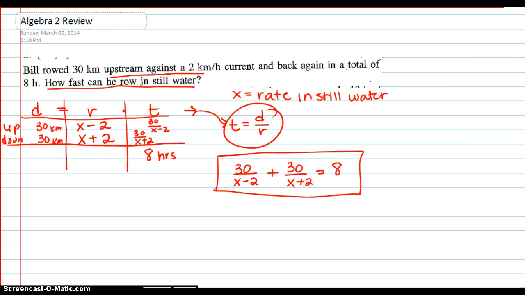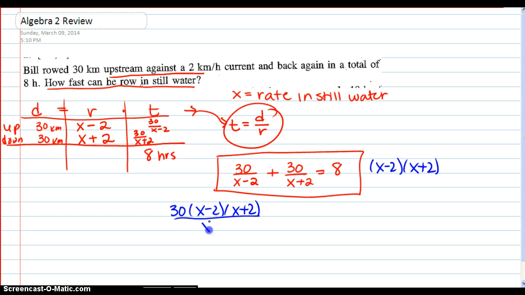So our word problem allowed us to write this equation. And now from our previous 2 examples, we should know how to solve this. We multiply everything by the common denominator. And our common denominator should be x minus 2, x plus 2. So if I do that, that's going to be 30 times x minus 2, x plus 2, all over x minus 2, plus 30 times x minus 2, x plus 2, over the denominator of x plus 2, equals 8 times x minus 2, x plus 2.